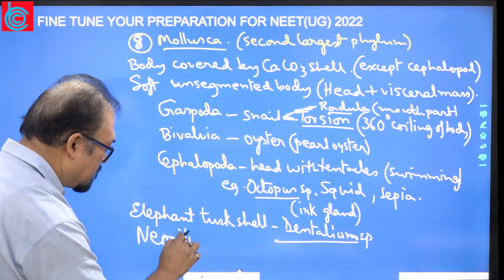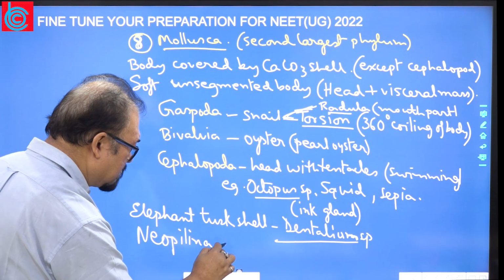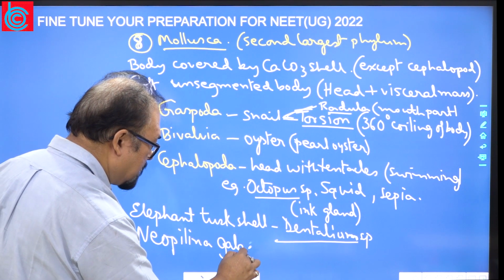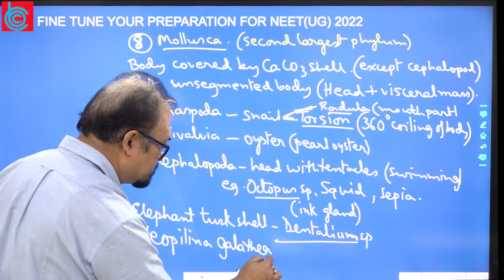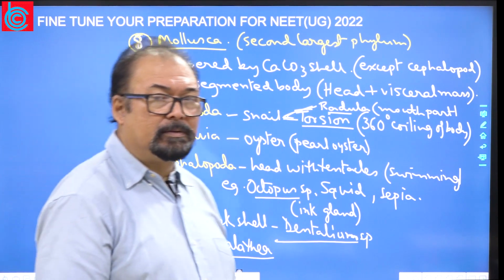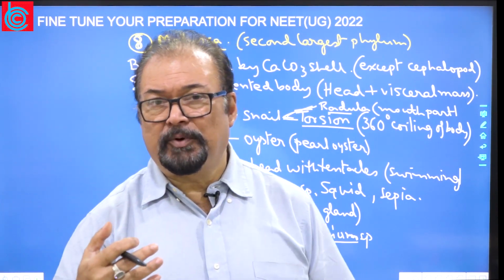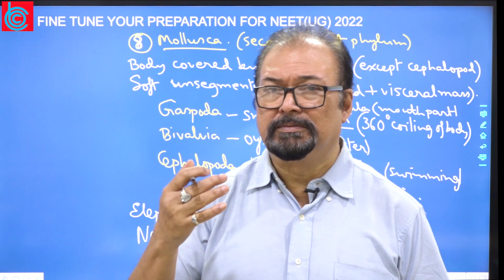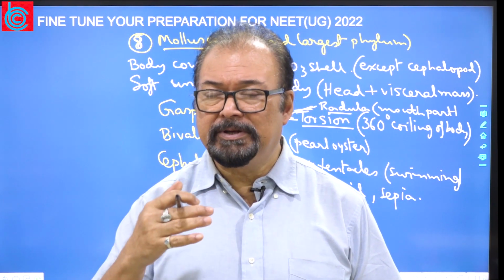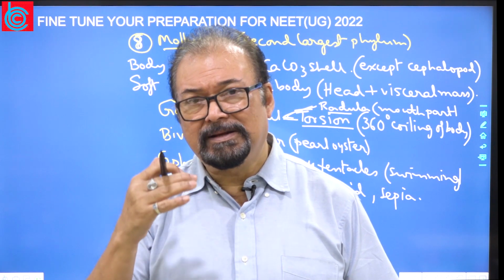Very important, Neopilina galathea. Why is Neopilina galathea important? You studied in the evolution. It is a living fossil and intermediate between Annelida and Mollusca.